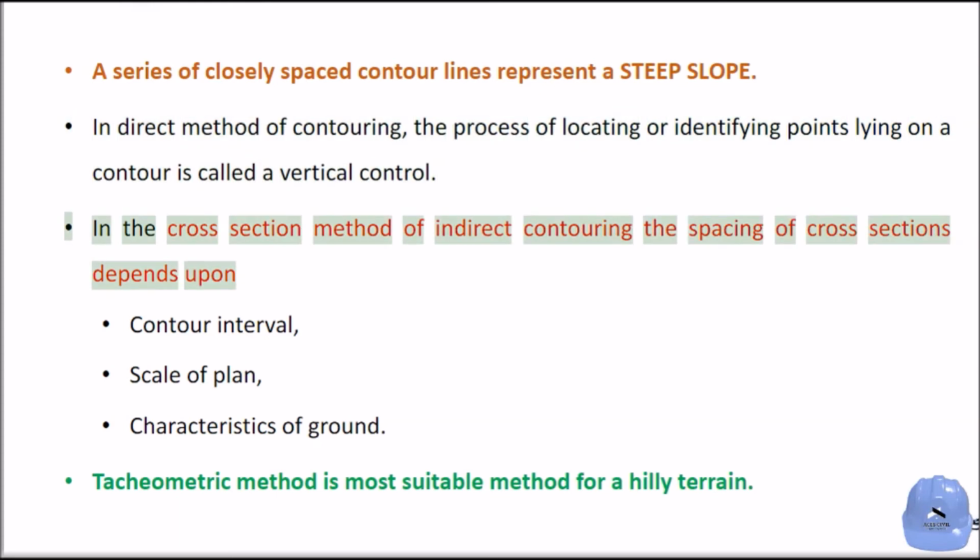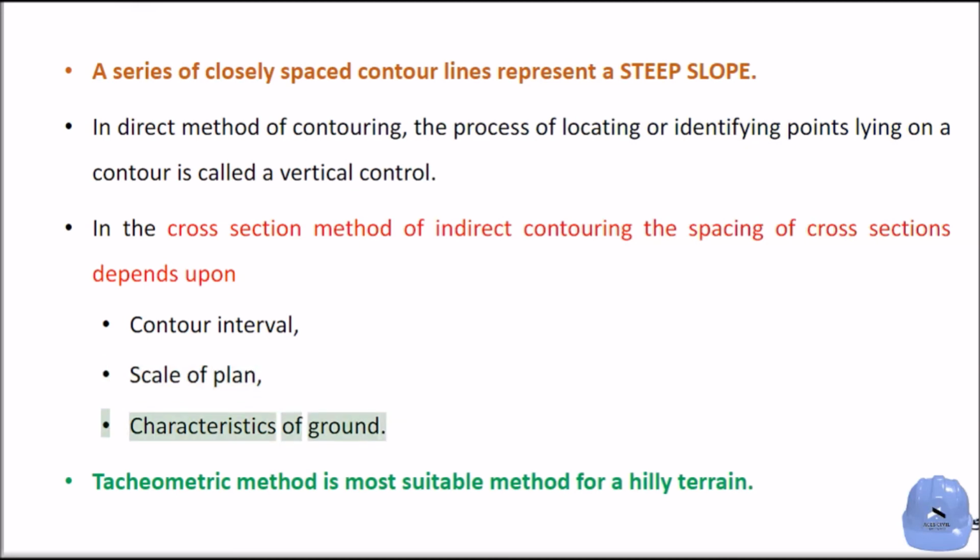In the cross-section method of indirect contouring, the spacing of cross-sections depends upon contour interval, scale of plan, and characteristics of ground.